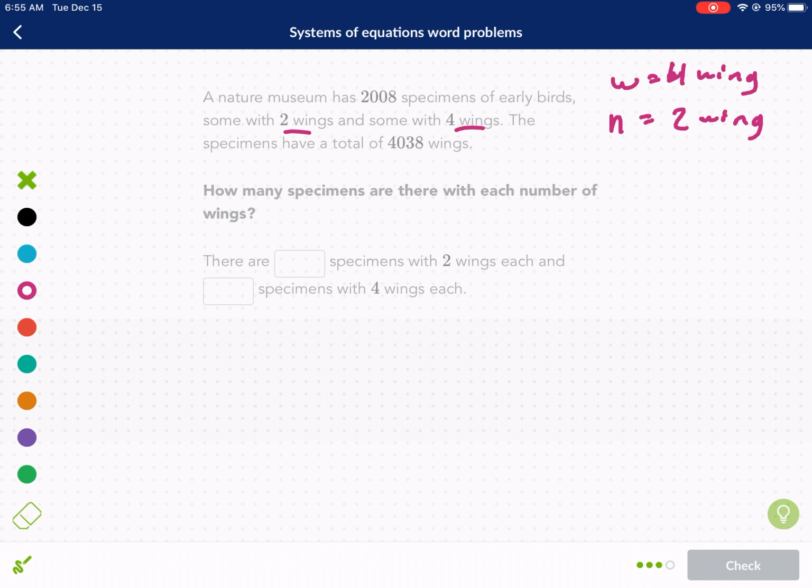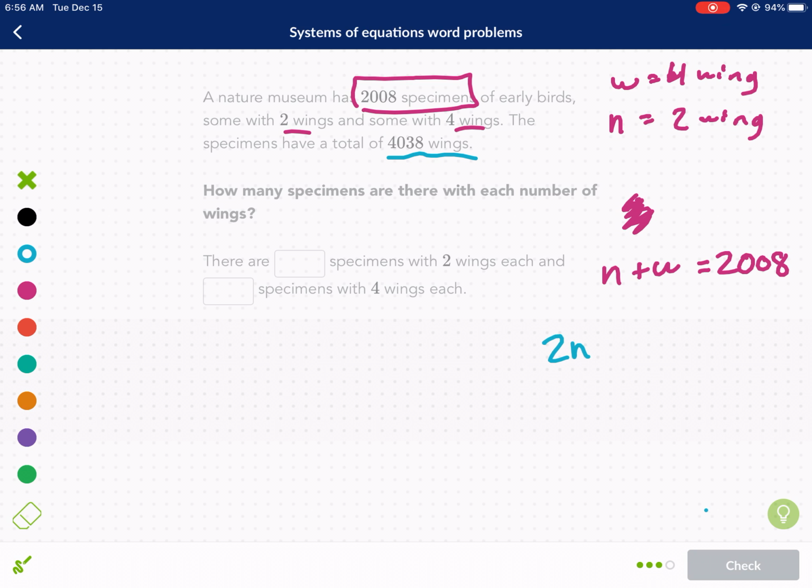So you know that N plus W equals the total of 2,800. This is very similar to the car one. Now, this is the interesting part. If there's a total of wings, how do we calculate how many wings? Well, the normal bird has 2 wings, so normal times 2, plus 4 times W, the 4-winged birds, which is super weird. And you know that the total wings is 4,038.